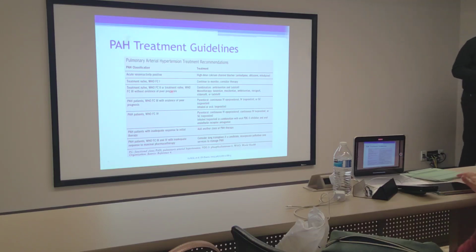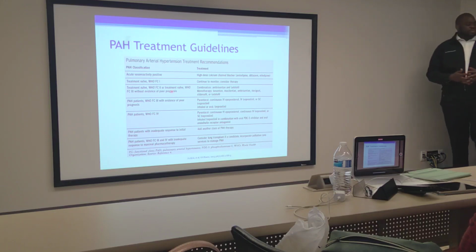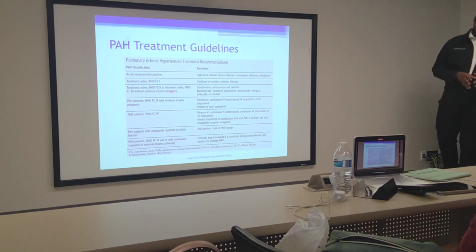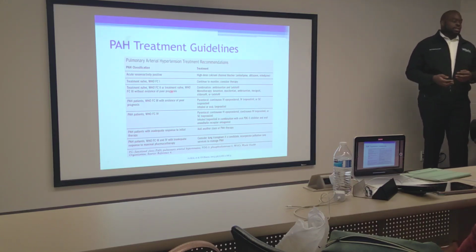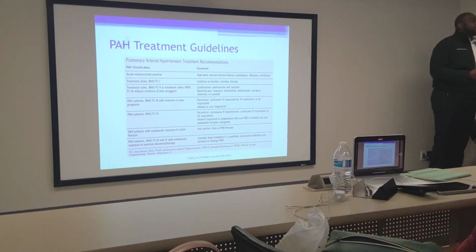Now, PAH patients with inadequate response to initial therapy, alluding to what we talked about in the last slide, we start adding there, as well as adjusting the dosage they're currently on if it's needed, warranted, or possible. And then PAH patients with FC3 and 4 with inadequate response to maximal pharmacotherapy.